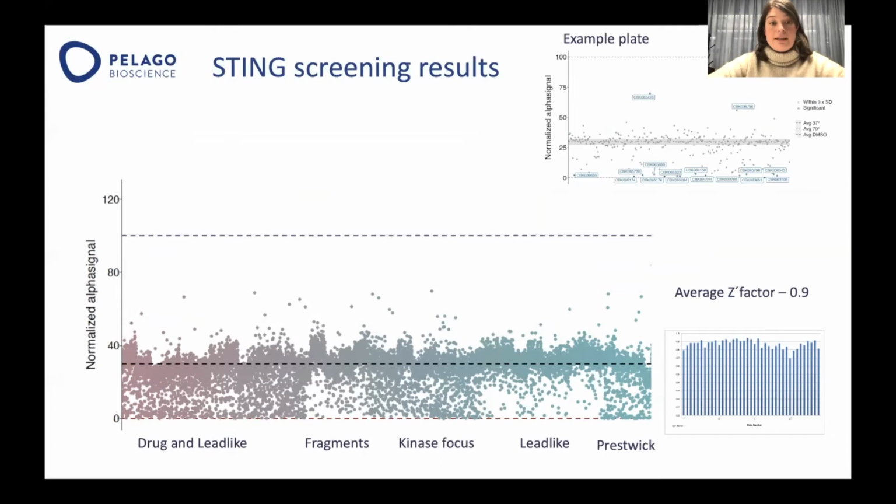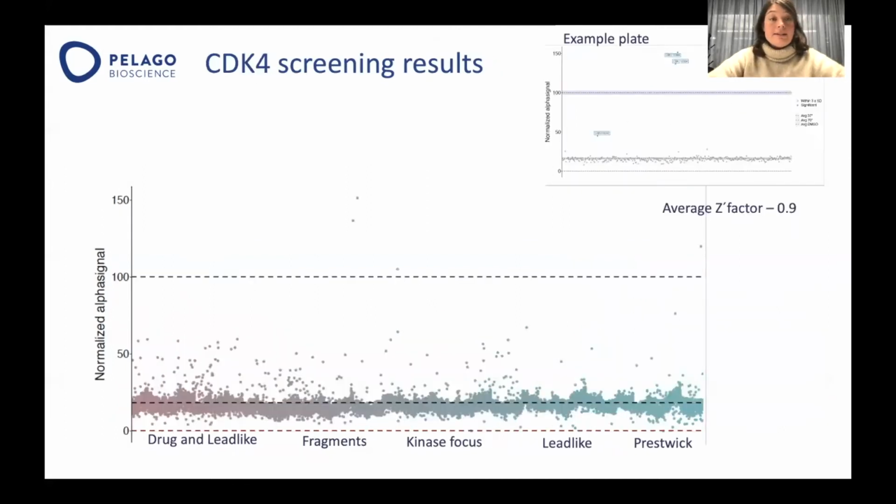So it seems like STING is fairly sensitive, and something in this assay makes it prone to be destabilized by compound treatment. That is not true for CDK4. In this case, we had very few compounds that were able to destabilize CDK4, whereas the majority of hits came from a stabilizing mode of action.